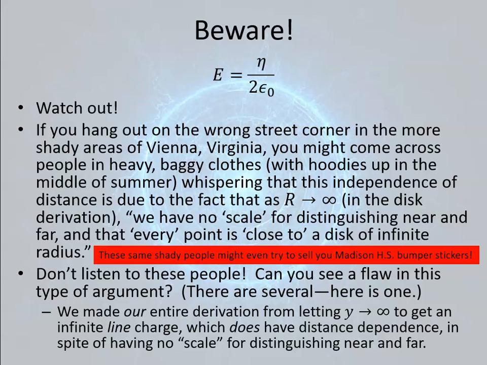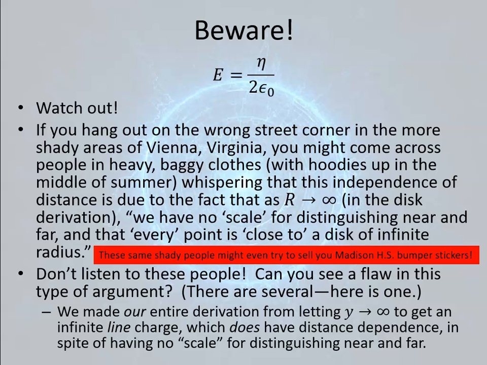But don't listen to these people. There's a big flaw in this argument. If this argument worked, you could use the same argument to say that there should be no distance dependence for the electric field away from an infinite line of charge, because then there would be no concept of closeness.